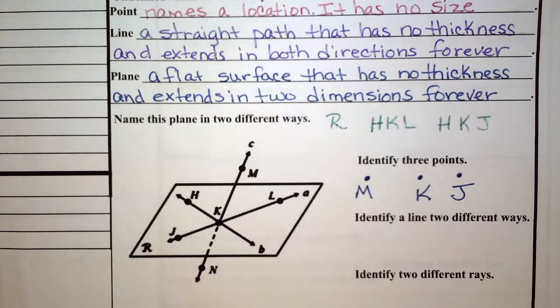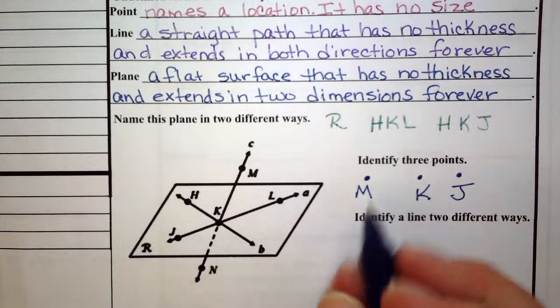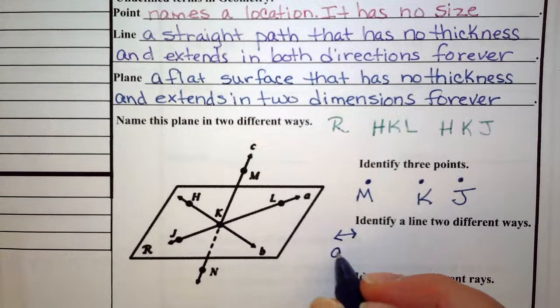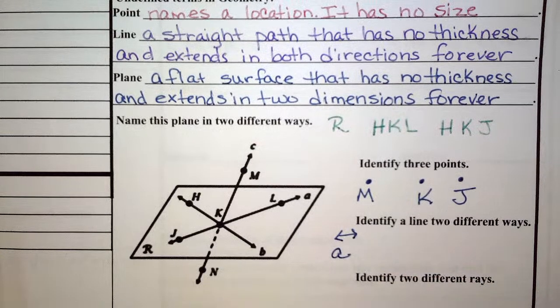Identify a line in two different ways. Once again, it can be with a single letter. So if I choose this line, it is line A. I identify it with a little line symbol above and then a lowercase a. But if I don't use the single letter, then I've got to use two points.